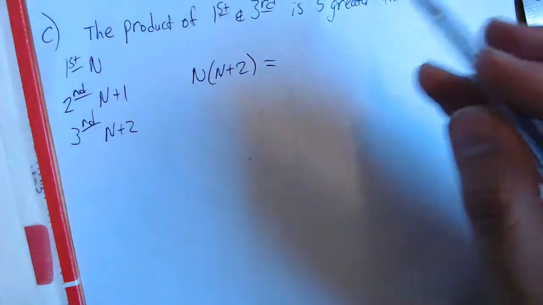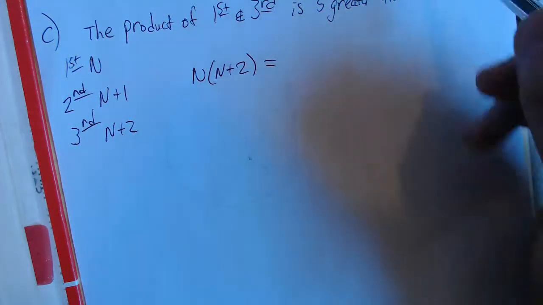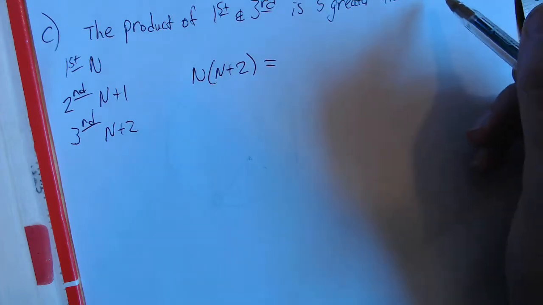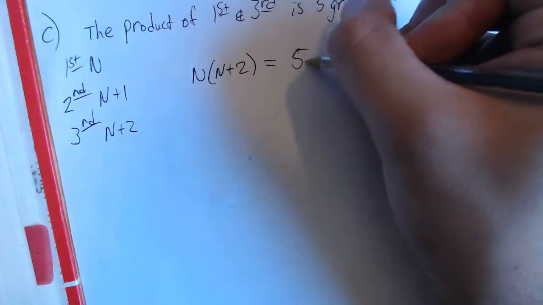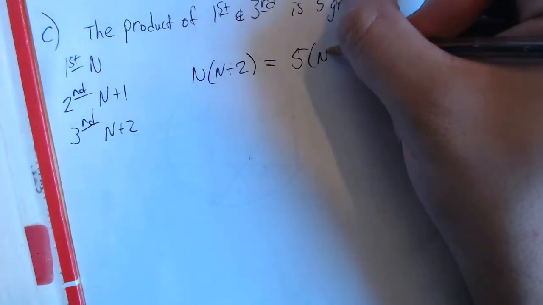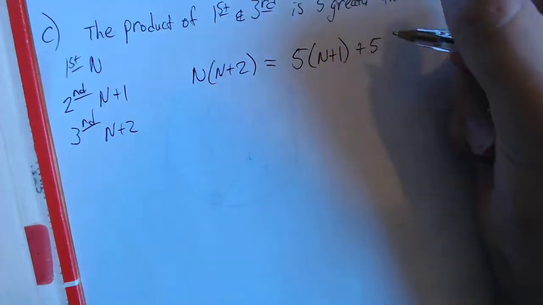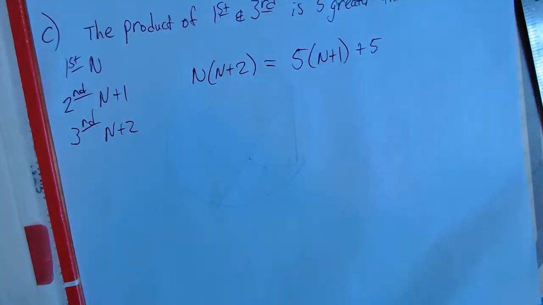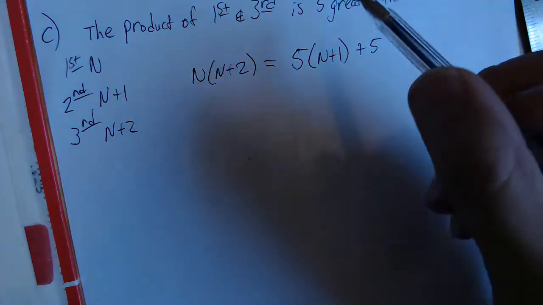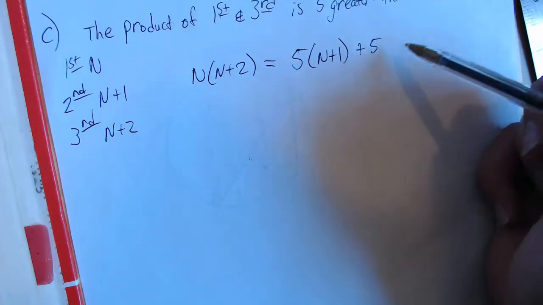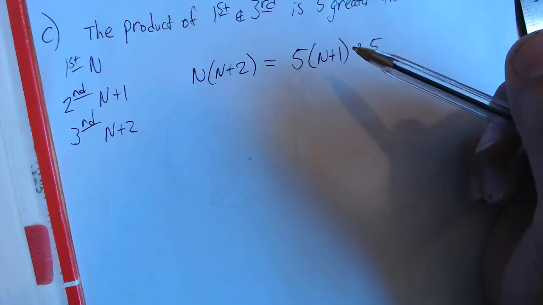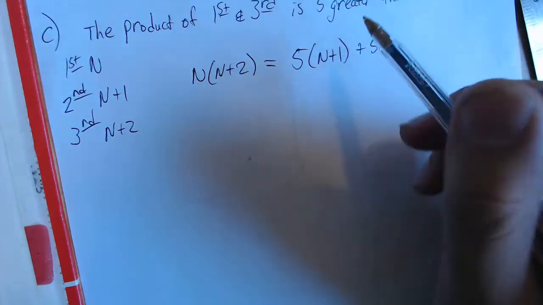Now that is 5 greater than 5 times the second. So we have to do 5 times the second first. So we'll do 5 times parentheses n plus 1, and then 5 greater than that is just that plus 5. It always helps to do your greater or less thans at the end of your equations, so that way you don't get confused with any subtraction or anything like that.